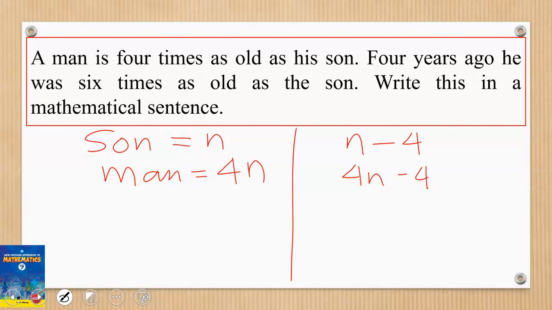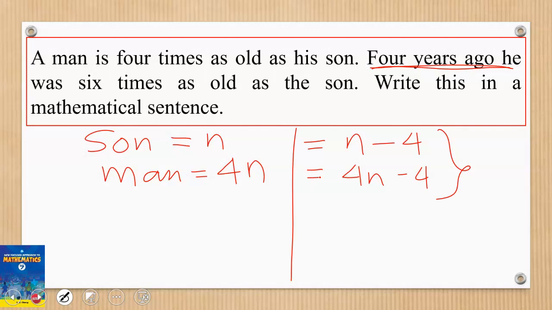That's 4 years back, because whatever their age today, 4 years back, each of them will go backwards 4 years. So this is how we will write. 4 years ago alone is giving us these two expressions: the son is n minus 4 and the father is 4n minus 4.